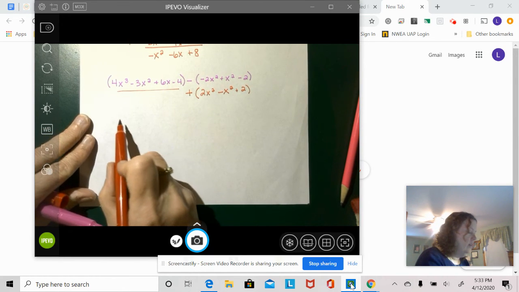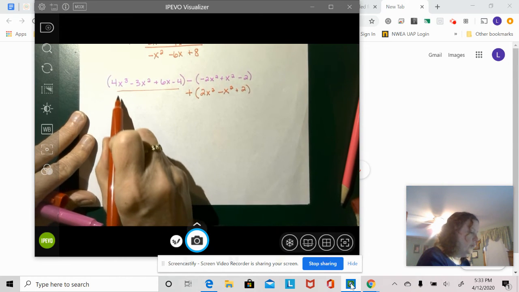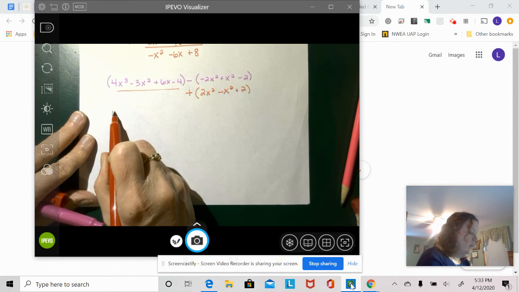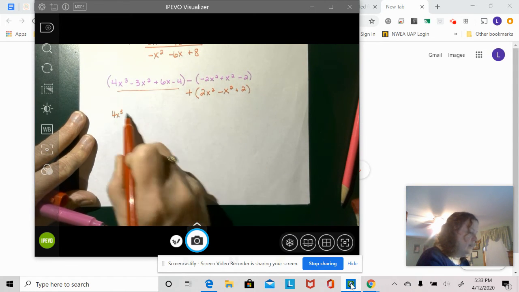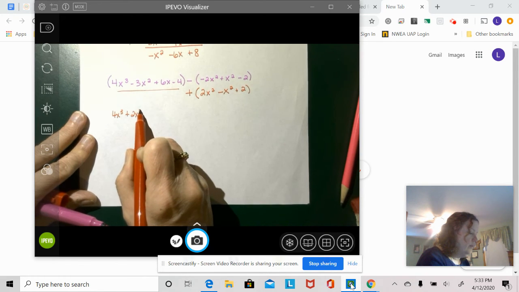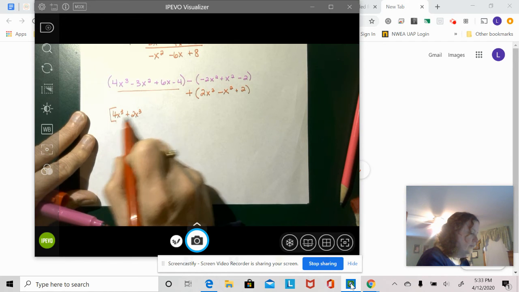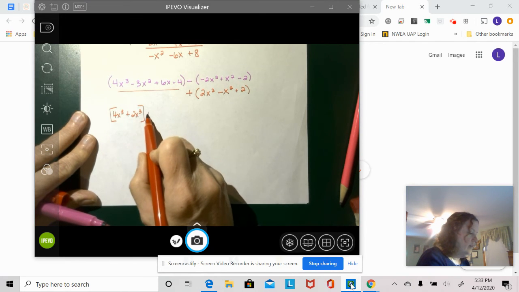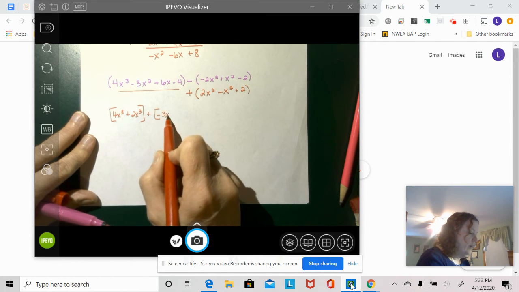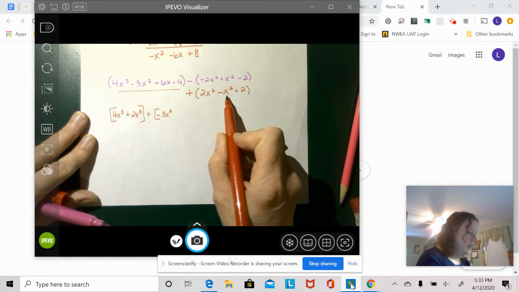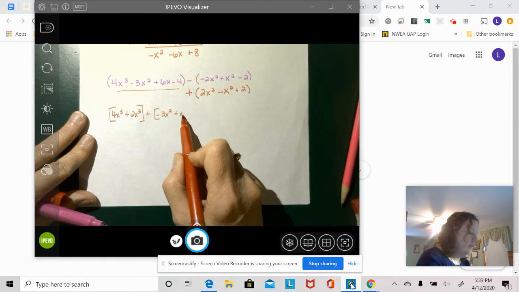So you could group them. You could say you have 4x cubed plus 2x cubed. And then you also have a negative 3x squared over here and a negative x squared there.